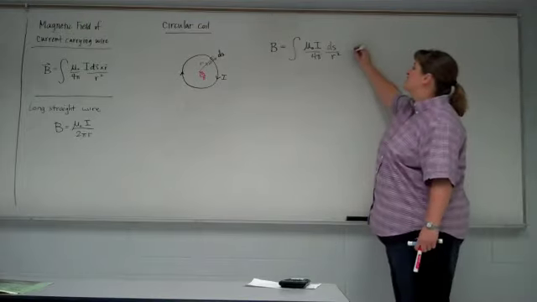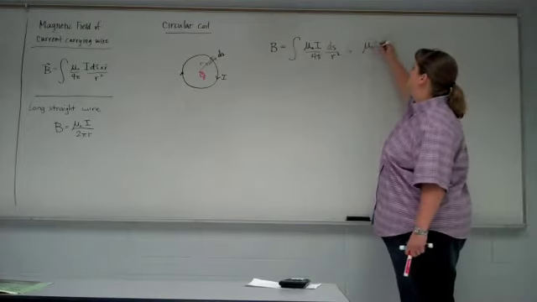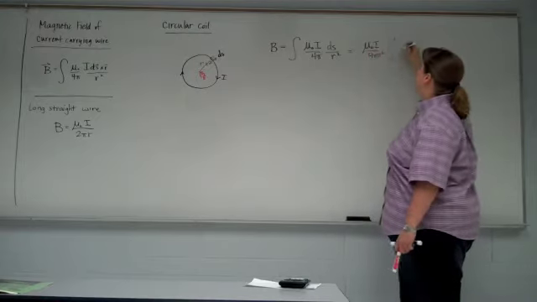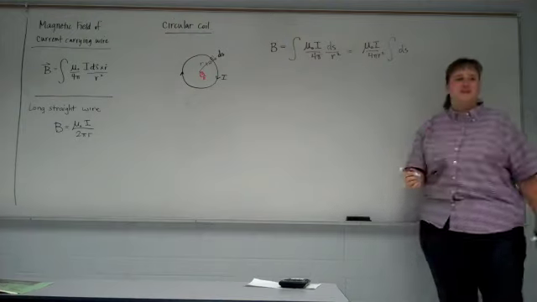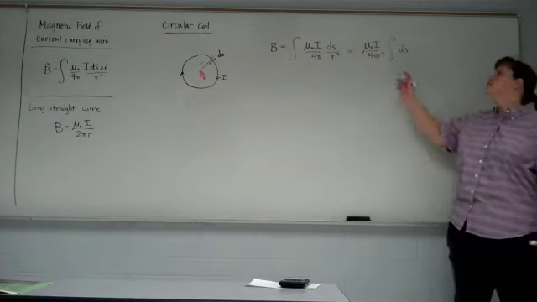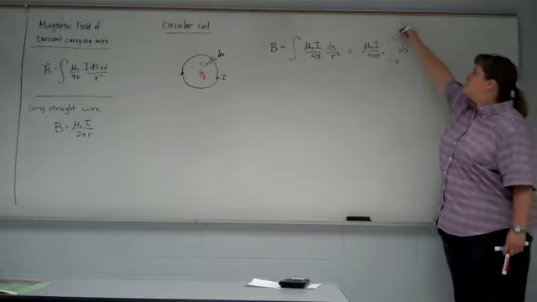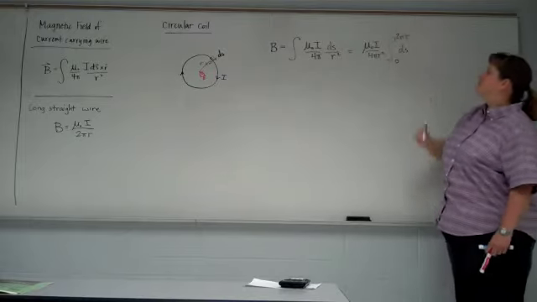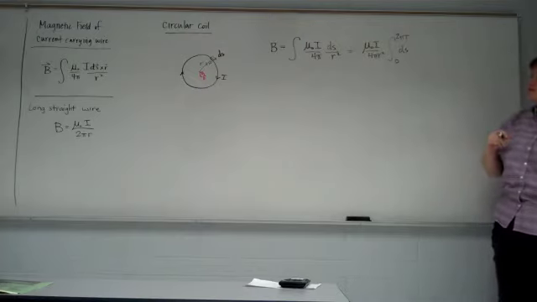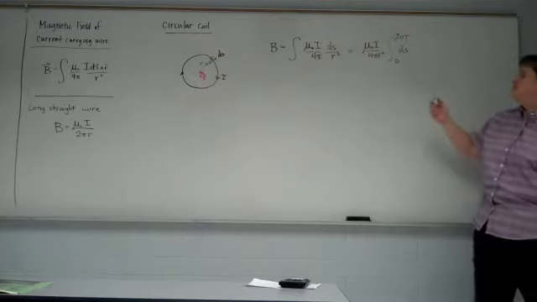Nifty thing is, all of that's a constant, so we simply have the integral of ds. But we need limits. 0 to 2 pi r. It needs to be a length. ds represents a length.